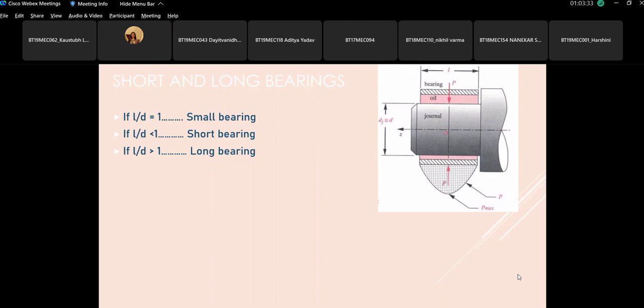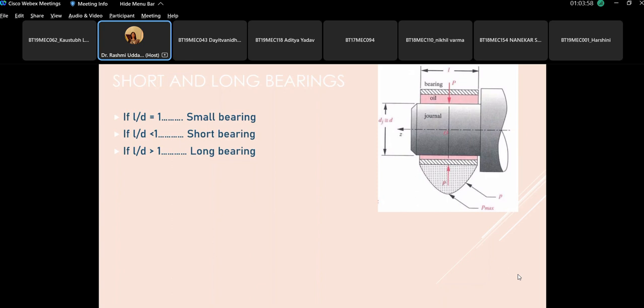If you refer to the design data book, the minimum value for L by D is given as 1/4, so 0.25, which would be a small bearing. Then you have graphs for L by D 1, which is the short bearing, and for L by D a maximum of 2, and then on the higher side it is given as infinity. So anything above 2 is infinity.